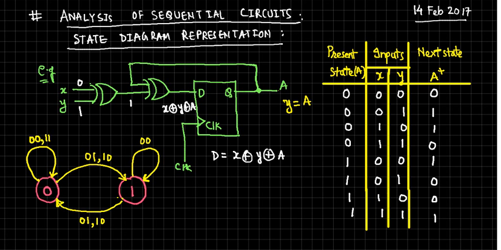When the client gives specifications, he'll simply be interested in what will happen, what will be the output, what will be the next state when some inputs are there. So what he will give is some kind of behavioral description. He may not know what would be the structural description. That has to be left with the software.